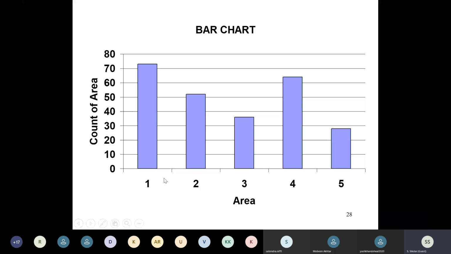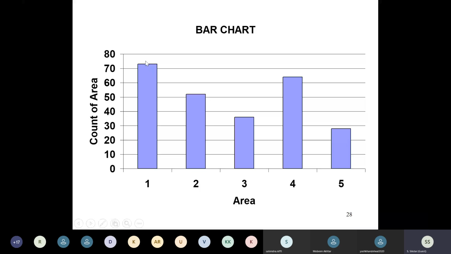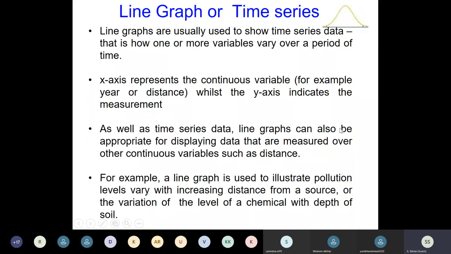It shows the count of area: one data was 73, another was 52, 36, 64, 28, and one can easily understand which subject, or if I go by the code, for this code this was the highest number of students. Here this is a little bit lower than this, and the least number of students are present for this.